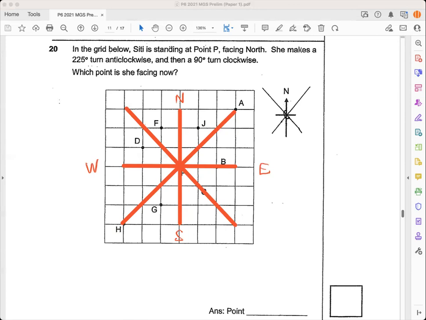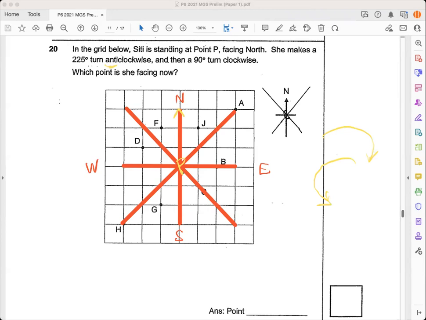Now, this is P. And she makes a 225 degree turn anti-clockwise. Anti-clockwise is this direction. Clockwise is this direction. Anti-clockwise means the opposite direction compared to the clock.